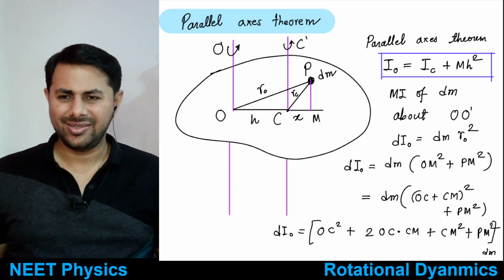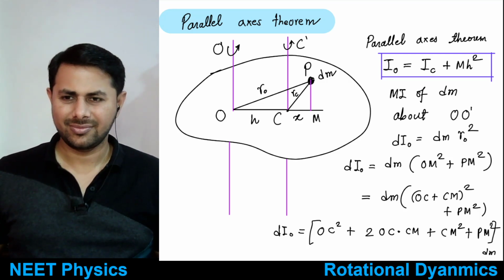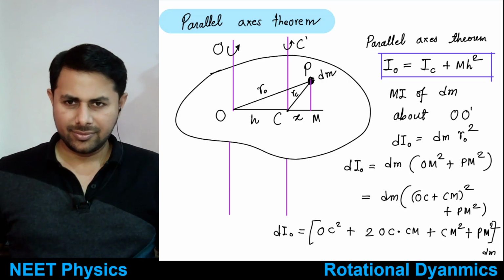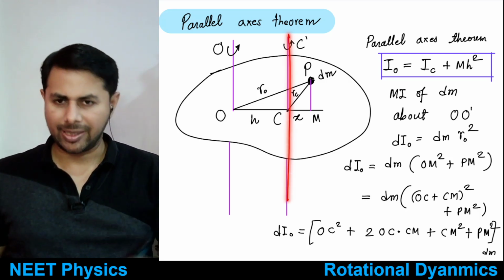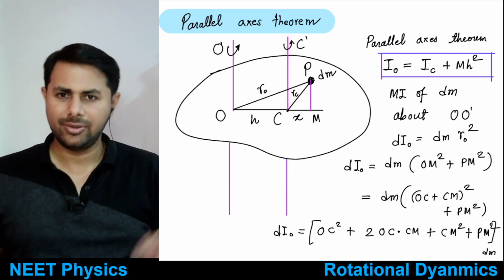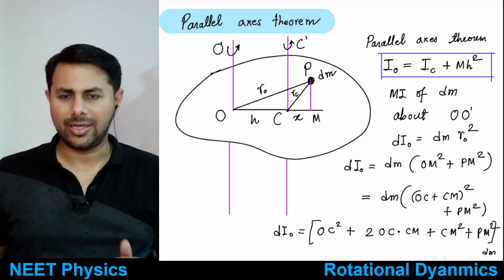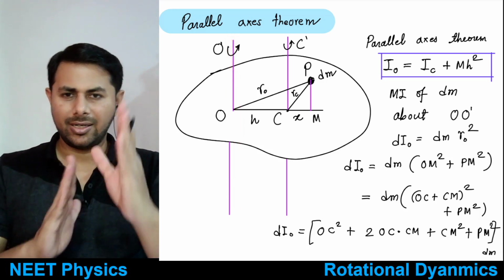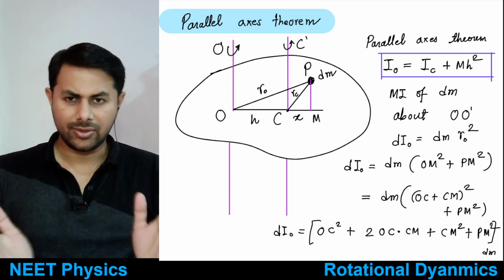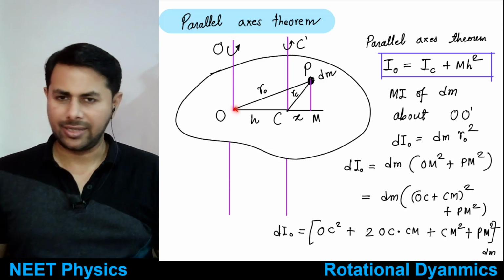Is this clear? Yes, no? Everyone? You know the moment of inertia about the axis which passes through the center of mass, and you want the moment of inertia about the axis which is parallel to it and passes through any point, that does not matter.